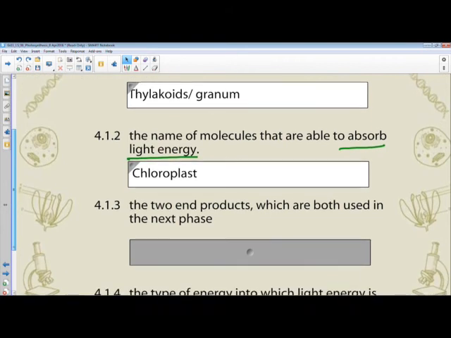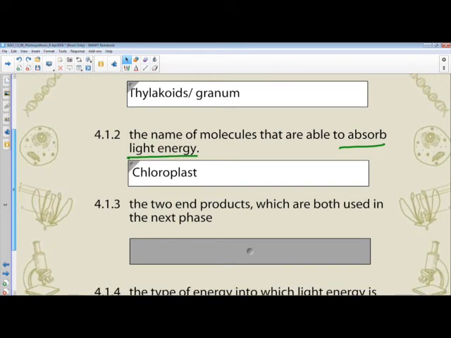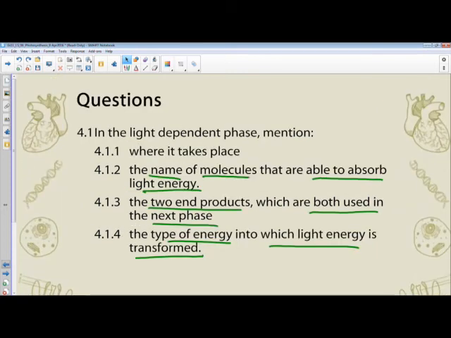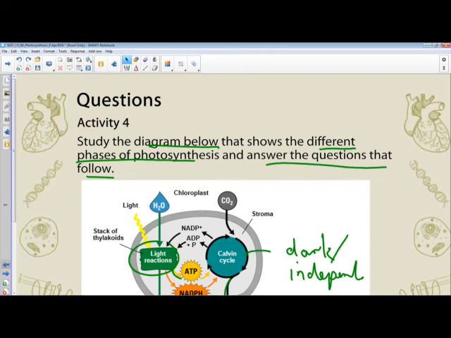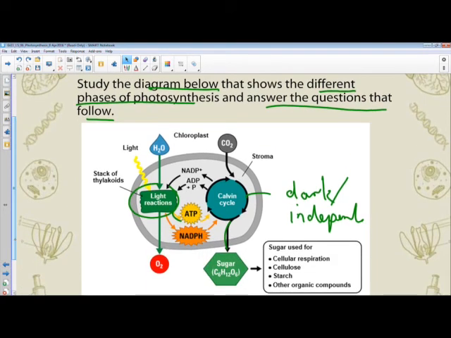4.1.3. The two end products which are both used in the next phase. And guys, what are the two end products? If we go back to that illustration, what do we see as the end products of the first phase? Here, we have the high energy ATP molecule, and we also see that there's hydrogen, which is combined with the coenzyme NADPH.